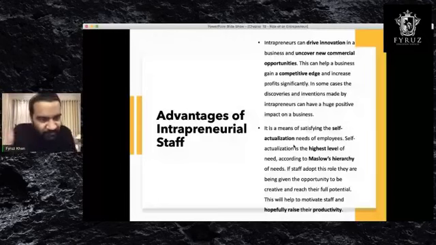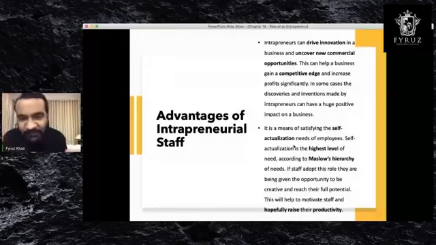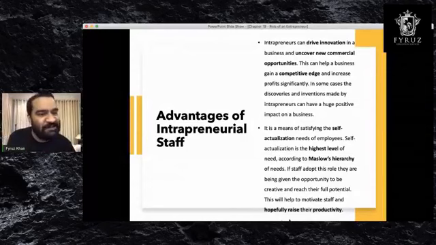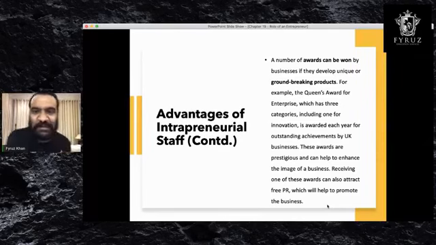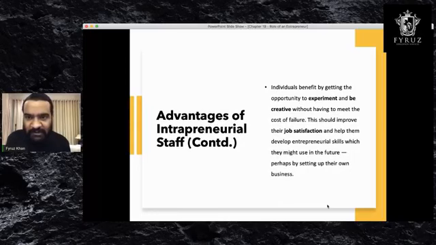They're doing something very impactful, and this can raise their productivity and their efficiency. A lot of awards can be won. The UK has a lot of sections and awards for entrepreneurship, so keep that in mind.